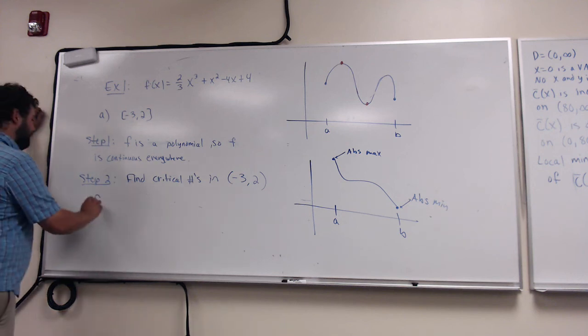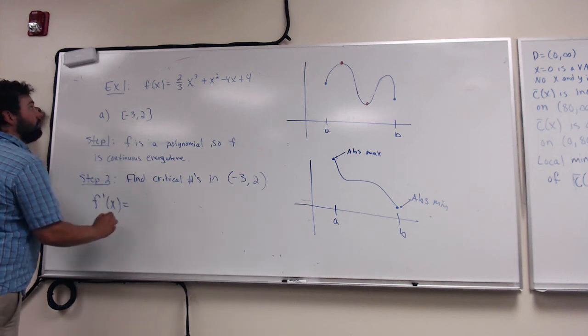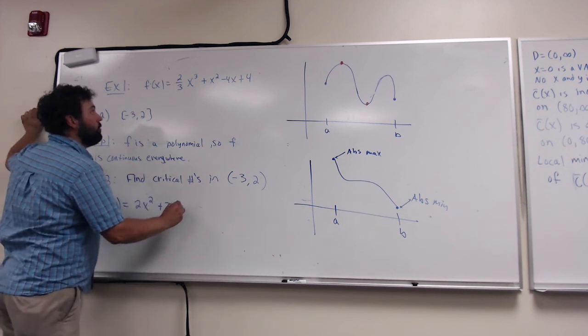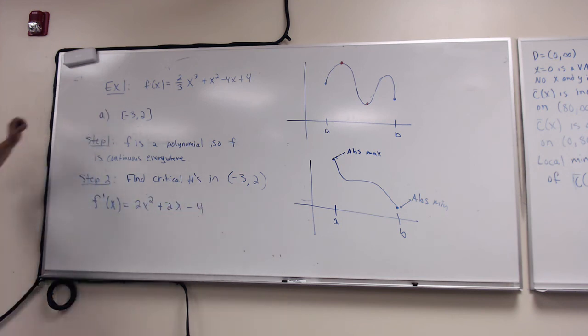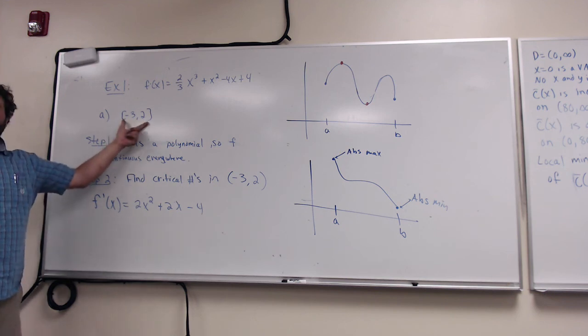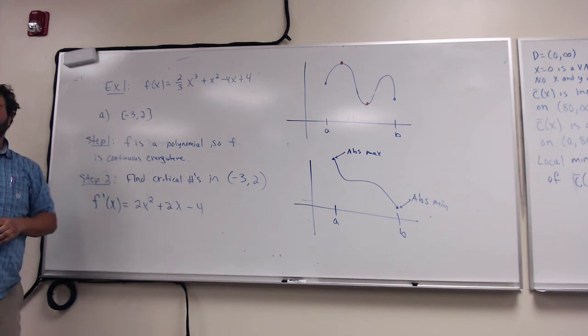So we'll take the derivative, f prime of x. It's going to be 2x squared plus 2x minus 4. And then, just to get back to what you were saying, Chloe, even if there's more than one critical number, if it's a closed interval, we'll still be able to find the absolute max and min.